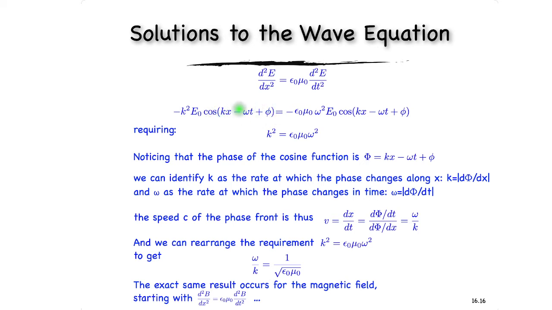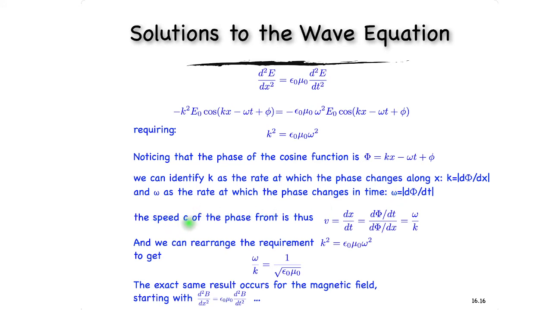And so the phase of this cosine, kx minus omega t plus some starting phase, the rate at which that's changing in x is just k. The rate at which it's changing in time is just omega.